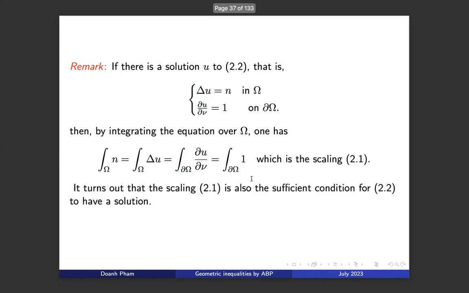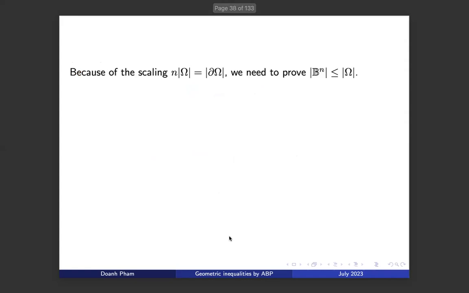And it turns out that this scaling is also a sufficient condition for the equations to have a solution. Because of the scaling that we made, we need to prove that the volume of the unit ball is less than or equal to the volume of omega.